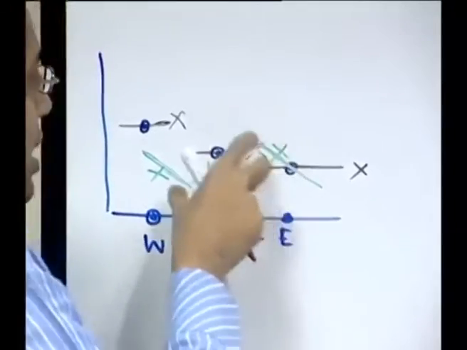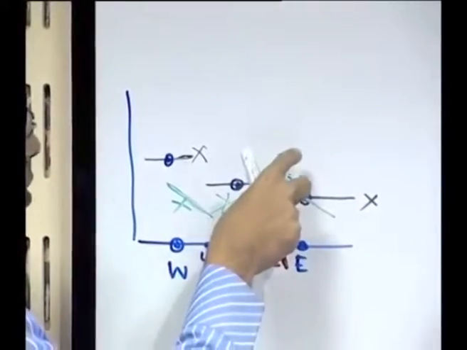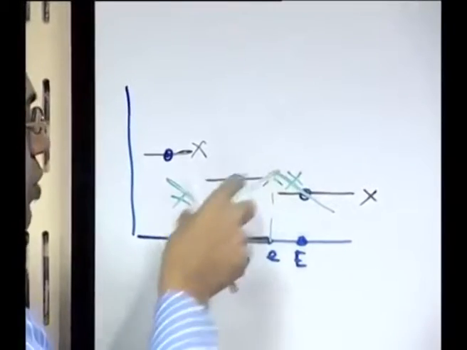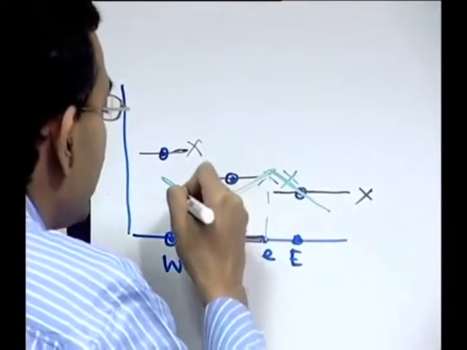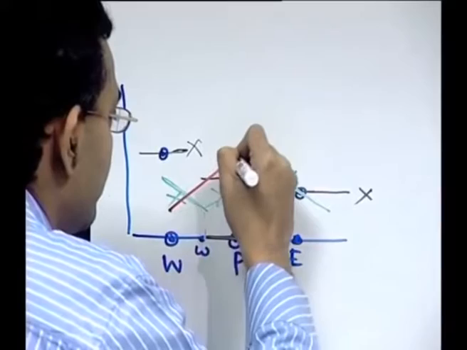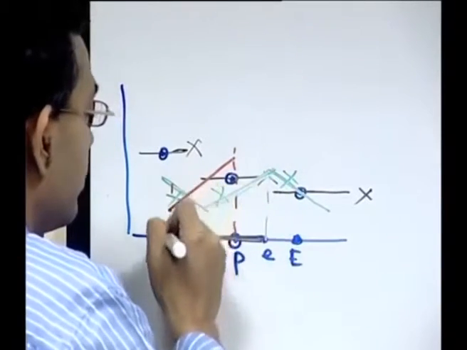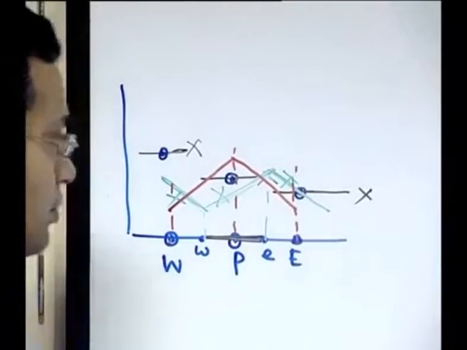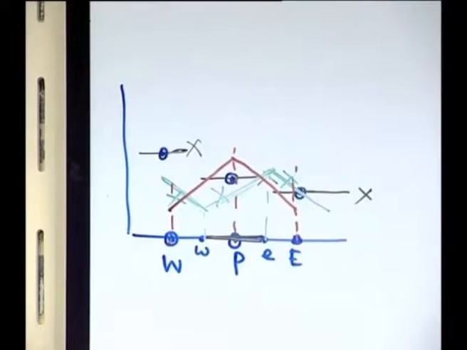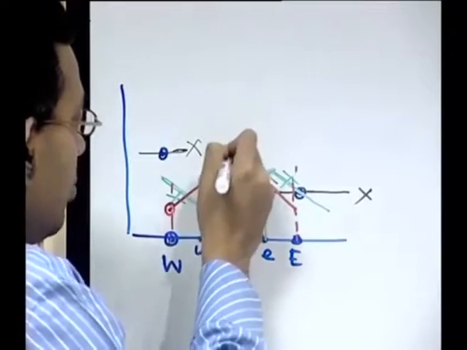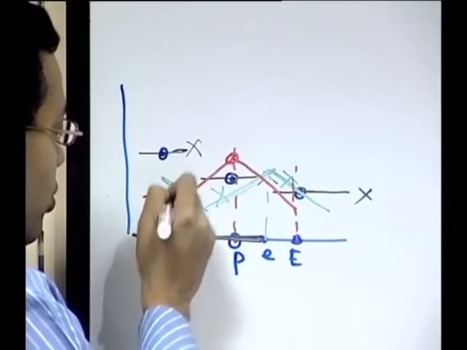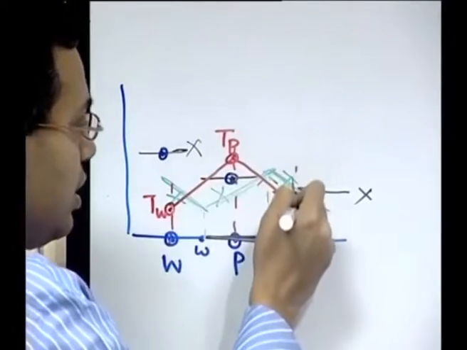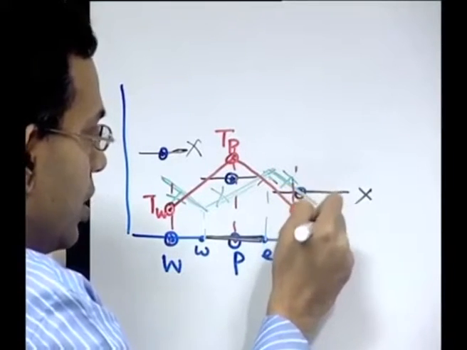But you could make a linear profile acceptable in this way. Instead of a piecewise linear profile between the control volume faces, consider a piecewise linear profile between the grid points. So this is a piecewise linear profile between the grid points; this is T_W, this is T_P, this is T_E, which you need to solve. Now will it work?